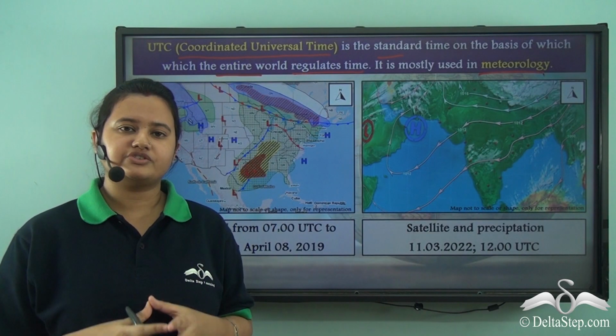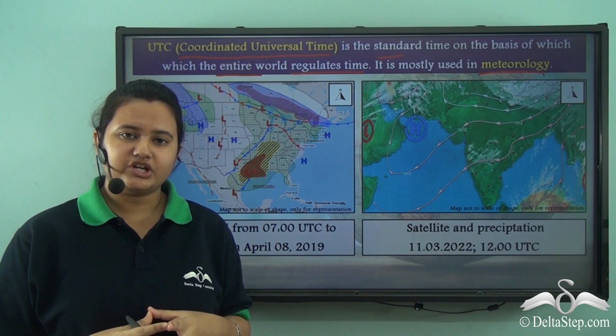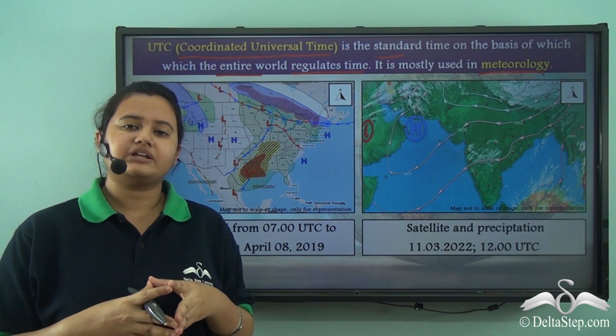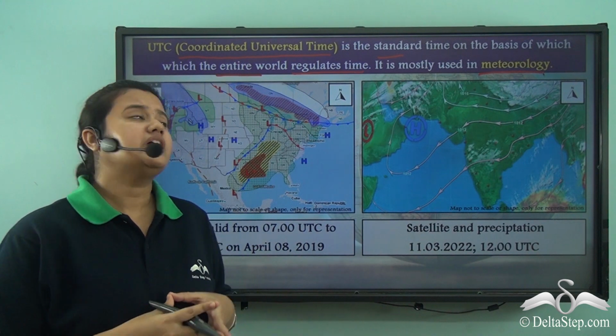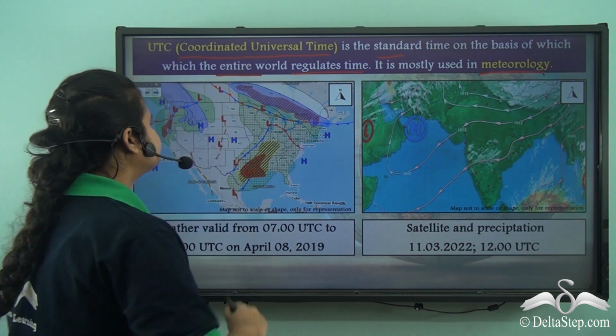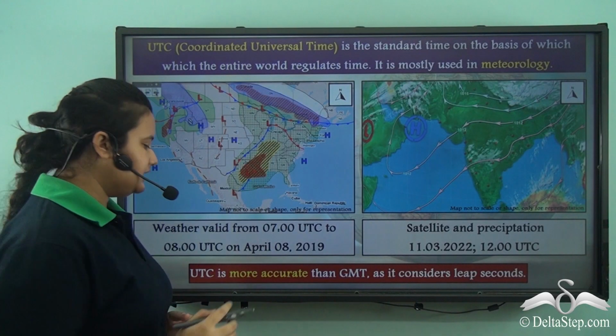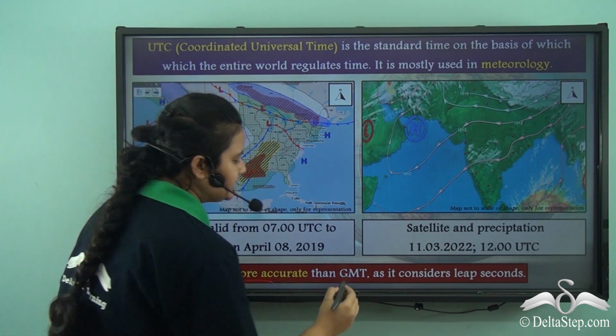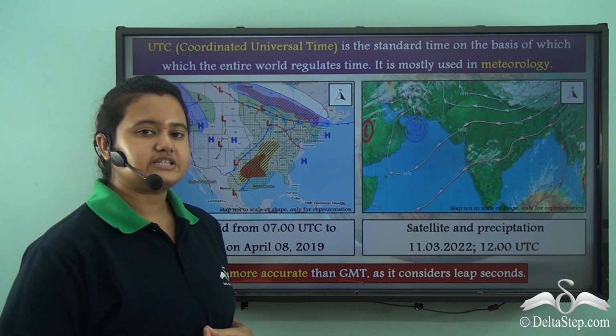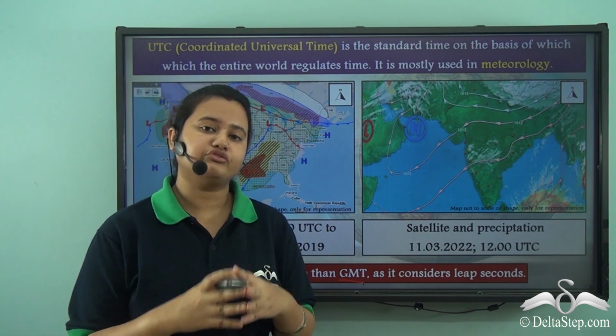Now, you must be wondering that when we already have GMT or the Greenwich Mean Time, which is the reference time for the entire world, then why do we need UTC? Well, we need UTC because UTC is more accurate than GMT, or UTC is an upgraded version of GMT.